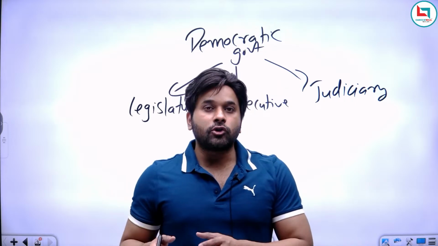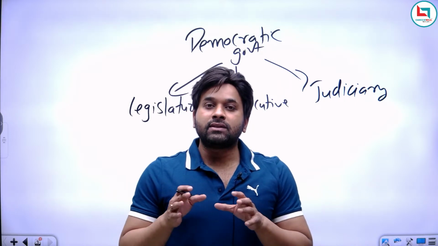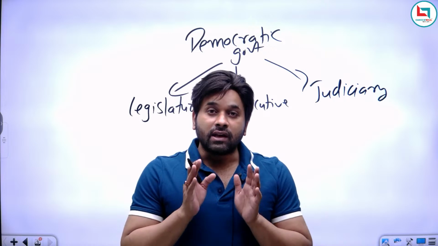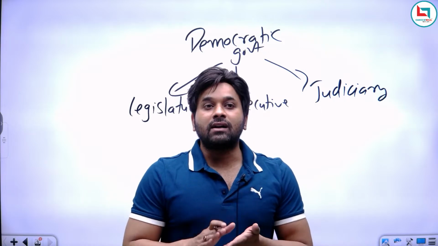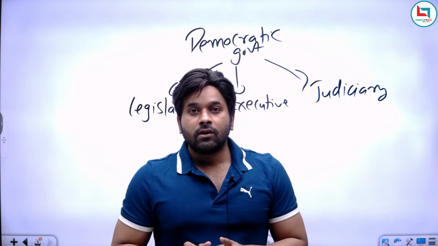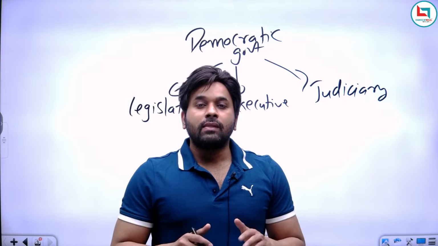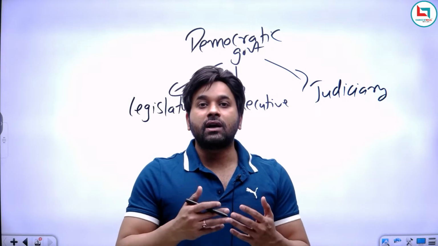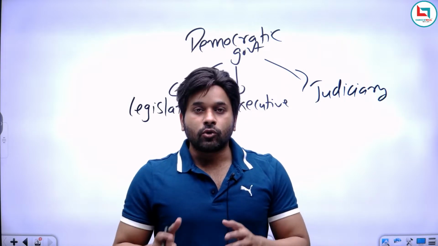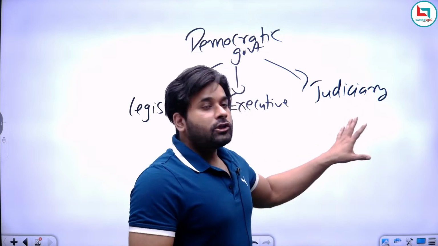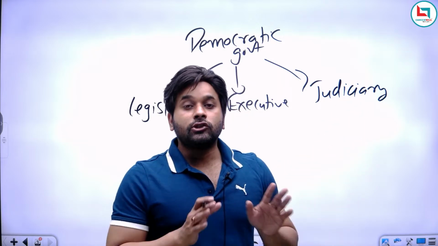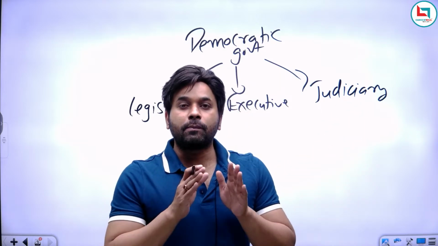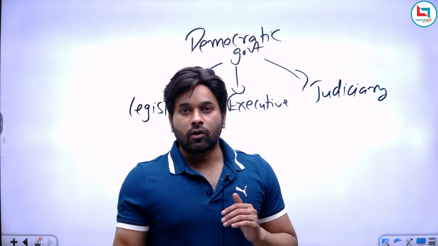To ensure that the country remains democratic in nature, it is very important that the judiciary remains independent. So we will never try to figure out the relation of the judiciary with the other 2 organs of the government. It should not be dependent or subservient to any other organ of the government.